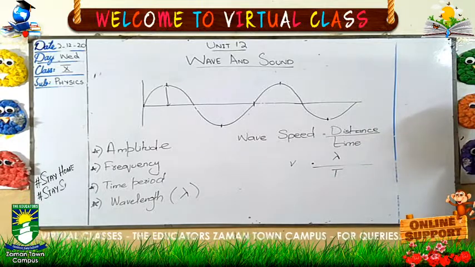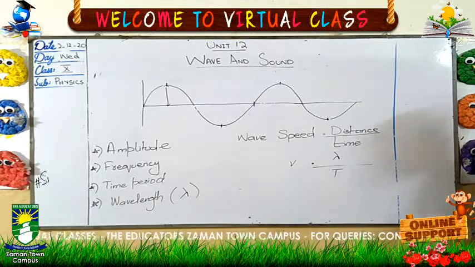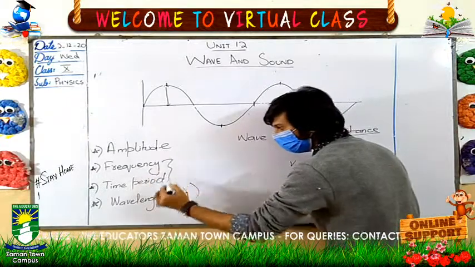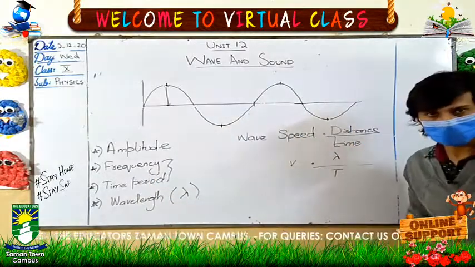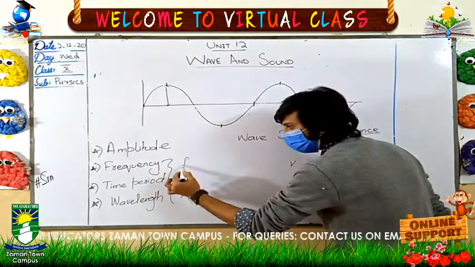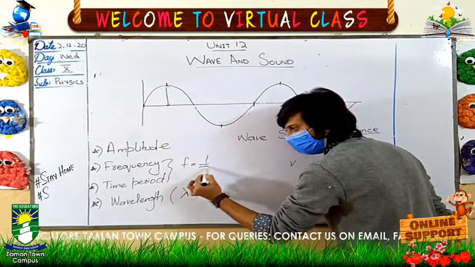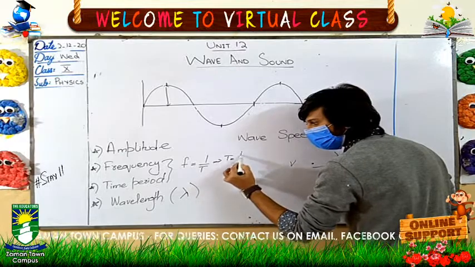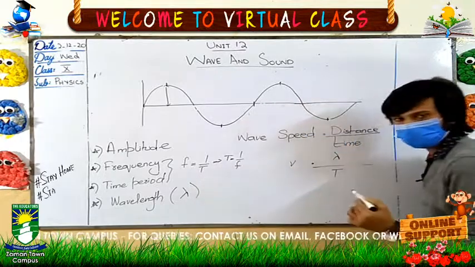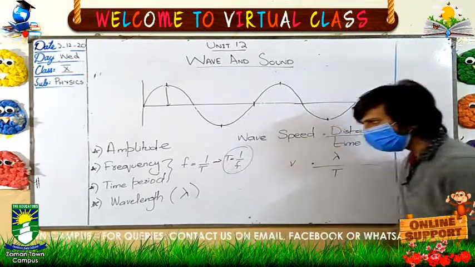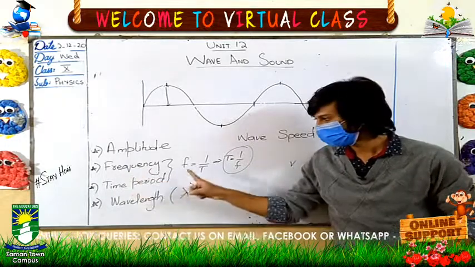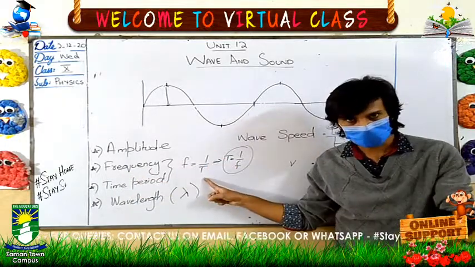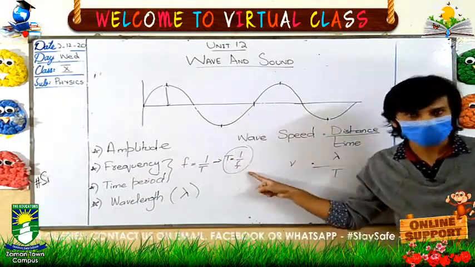But as we know, there is a relation between frequency and time period. Frequency is equal to 1 upon T, or we can say T is equal to 1 upon F. Frequency is 1 upon the time period, and time period is 1 upon frequency.